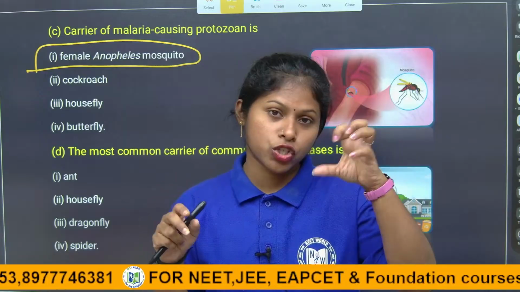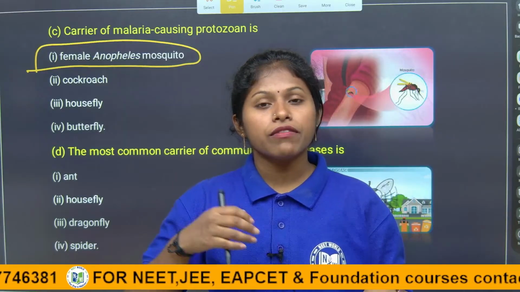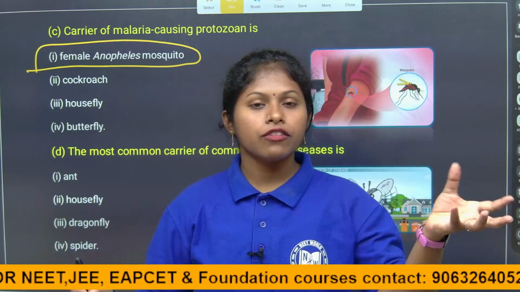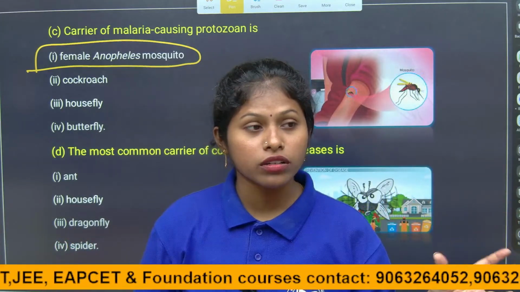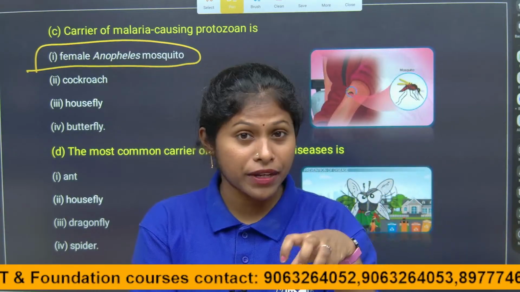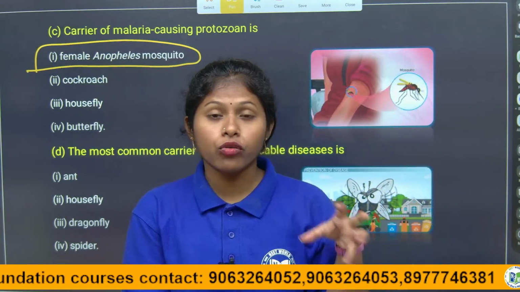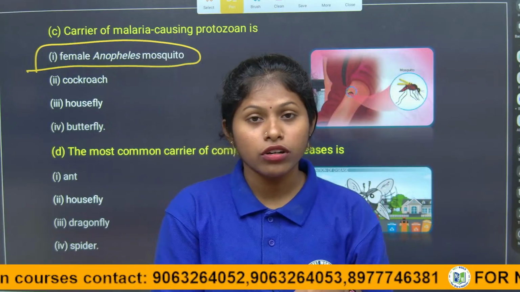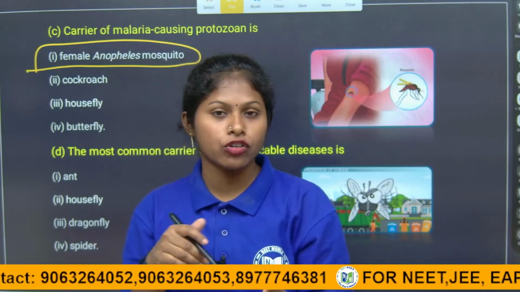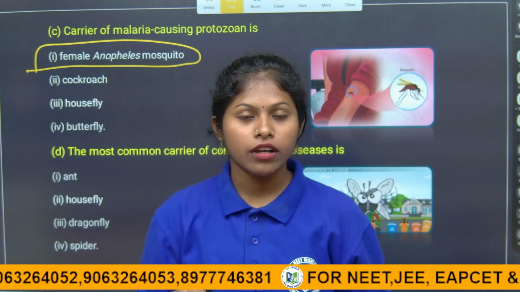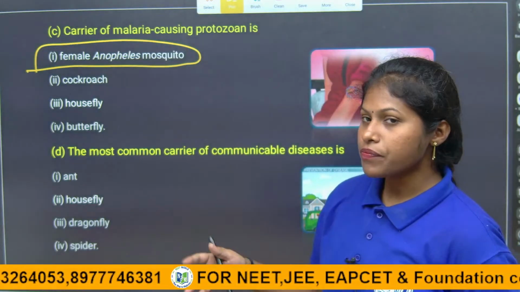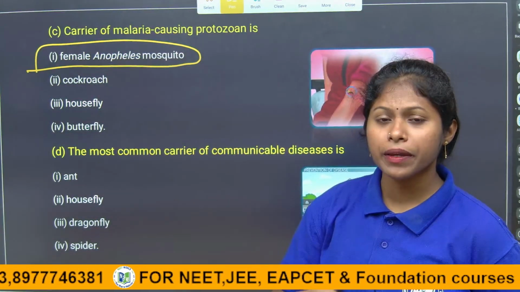Flies fall on contaminated food and water, and when they then sit on the healthy food that you have not covered with plates, they transfer the germs. This is how communicable diseases occur.